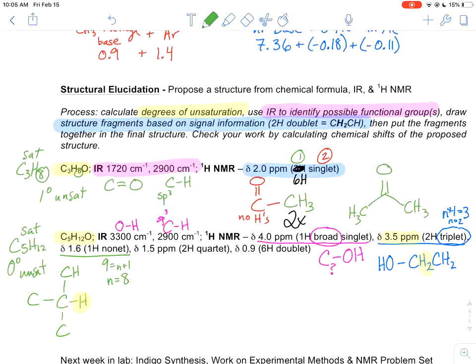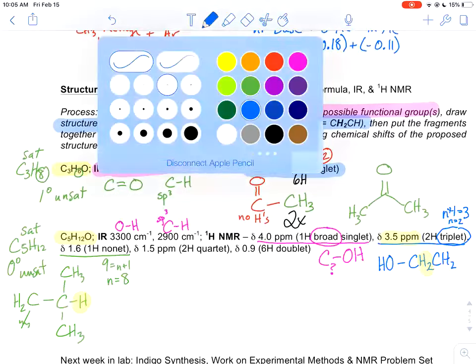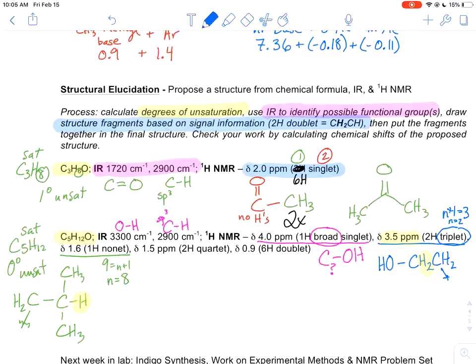So I would max them out and say, okay, there's going to be 6 of them that account for those methyl groups. And then on the other side, there's only 2 left, so it must be next to a CH2 group. So we actually are seeing that this is a little isopropyl fragment. And then we just don't know what's attached here, just like over here, we didn't know what was attached to that carbon. So we're starting to, once again, continue to build fragments, and we might even already have some overlap.